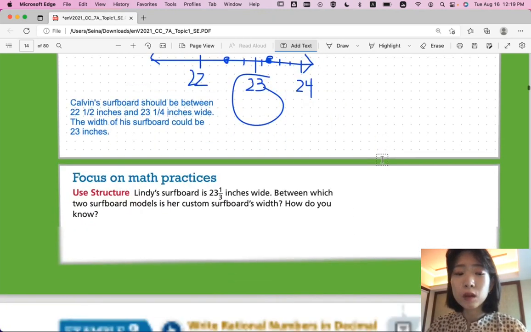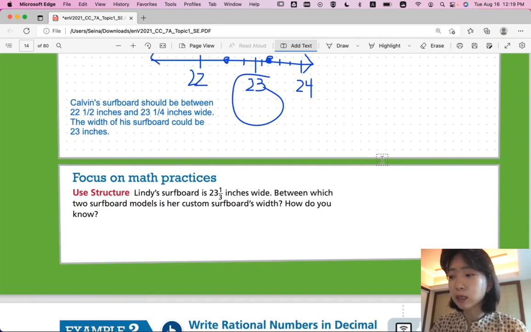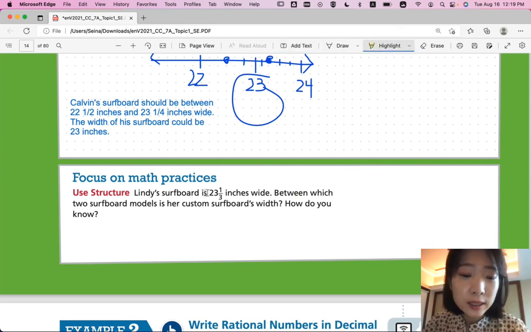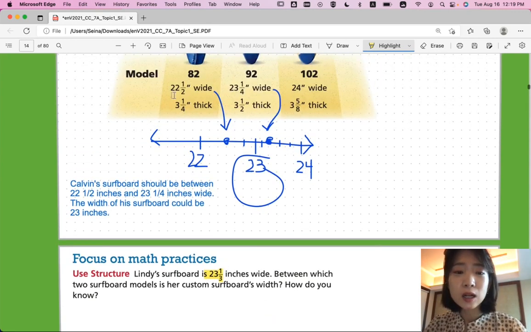Okay, so let's look at focus on math practices. Lindy's surfboard is 23 1/3 inches wide. Between which two surfboard models is her custom surfboard's width? How do you know? Look at the widths here. Where does it lie between?